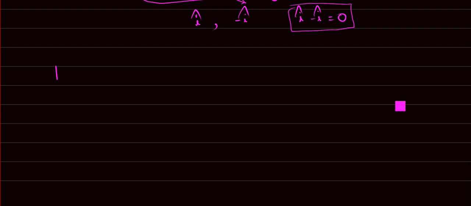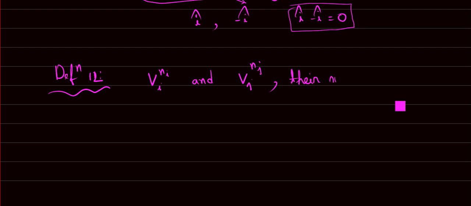Another definition, definition number 12. Given two subspaces, let's say we have two subspaces denoted by this, where they have Ni and Nj dimensions. We define their sum, written like this, as the sum of these two vector subspaces.